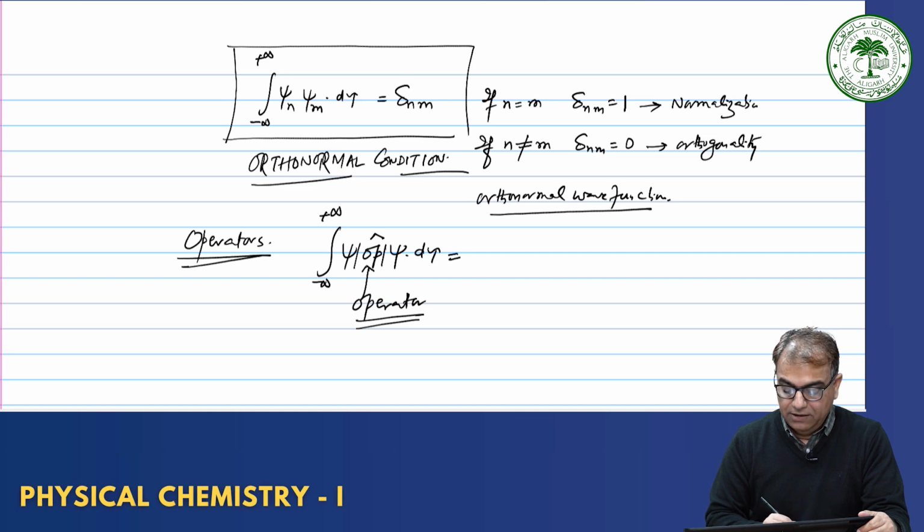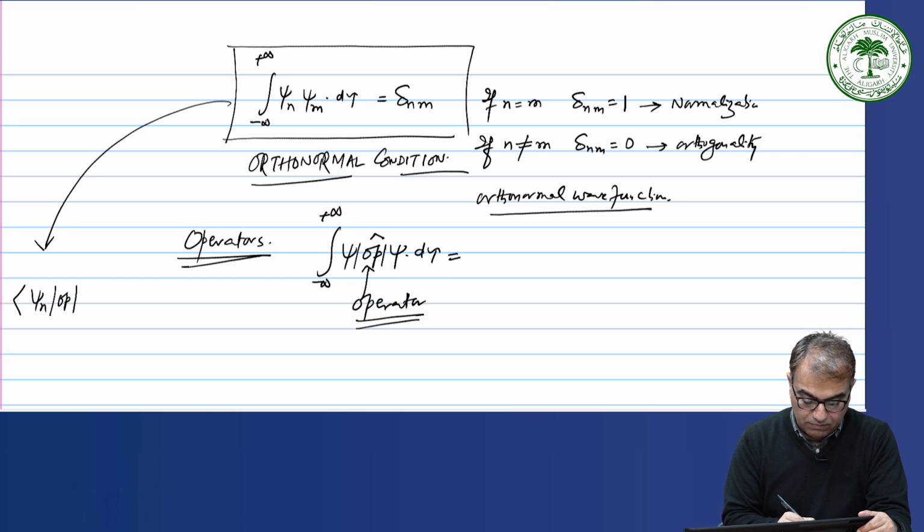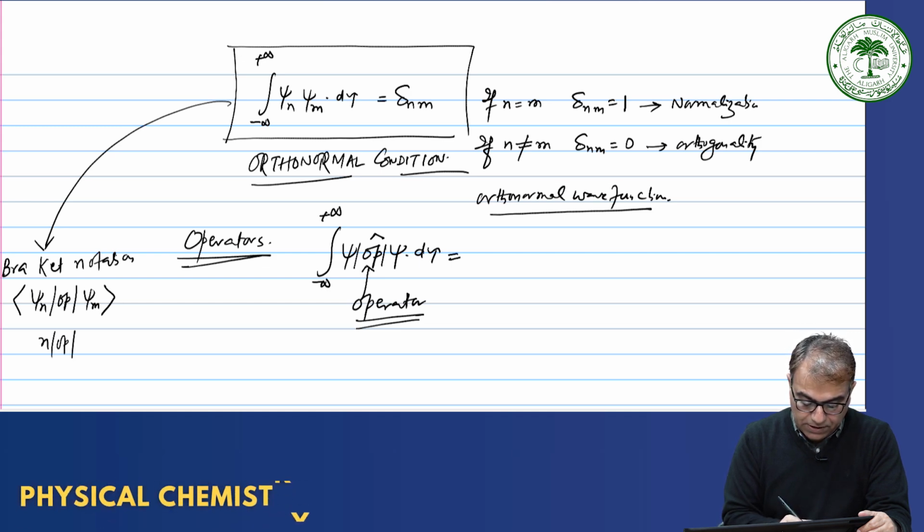With an operator, there is another way of writing this integral, with psi n. This integral could be written in this form also, and this is called bracket notation, or in short we can write it as n operator m also.